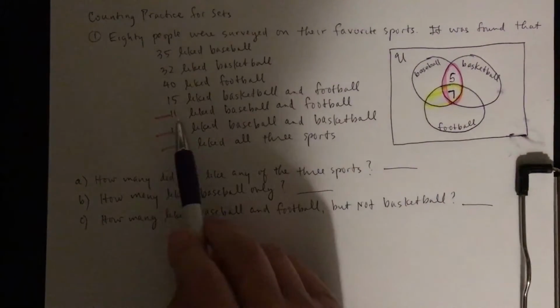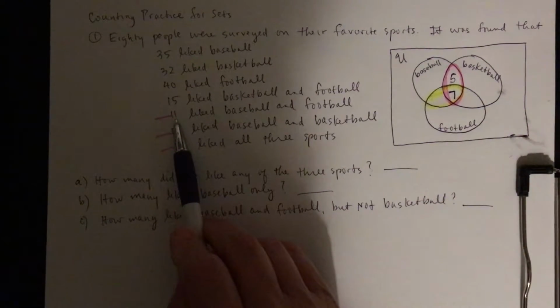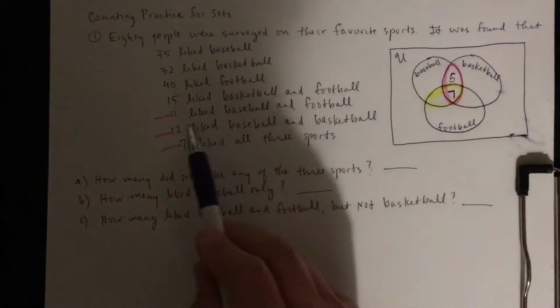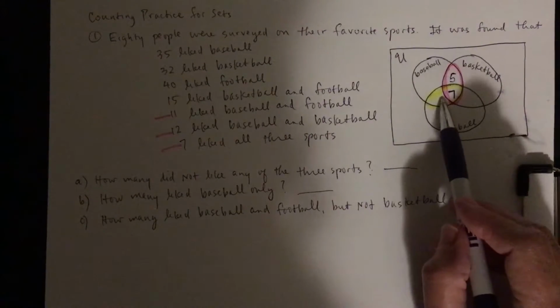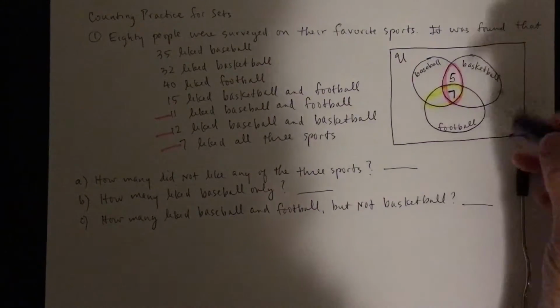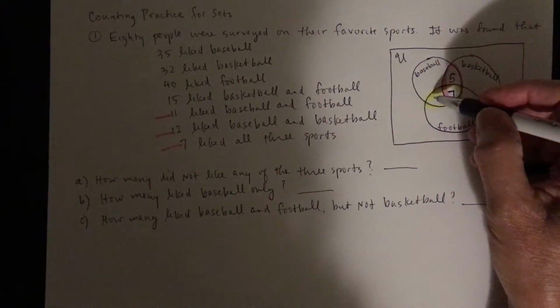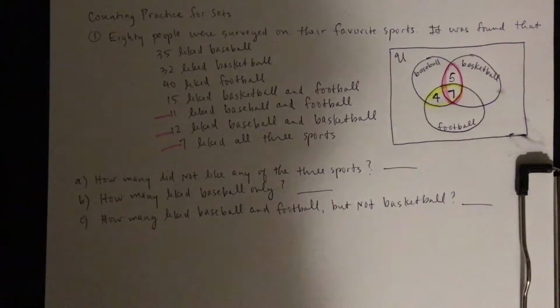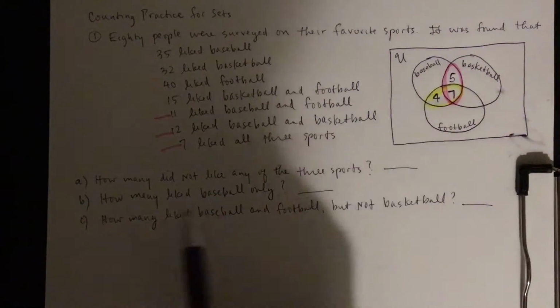Well, I have 11 there, but 7 of this 11 have already been labeled on the Venn diagram. So we'll do, for this portion, 11 minus 7. 11 minus 7 is 4. In this portion of the Venn diagram, put 4. 4 people liked baseball and football, but not basketball.